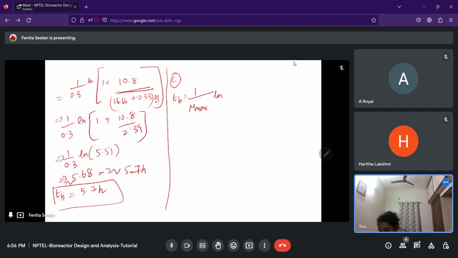So to calculate the batch time with respect to product, we can use this formula: 1 over mu max, ln of 1 plus (P minus P naught), the final product concentration minus the initial product concentration, divided by X naught, the initial cell concentration, into QP.